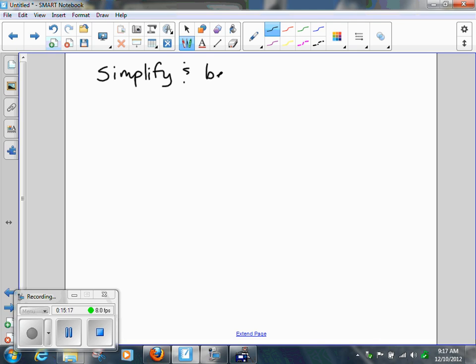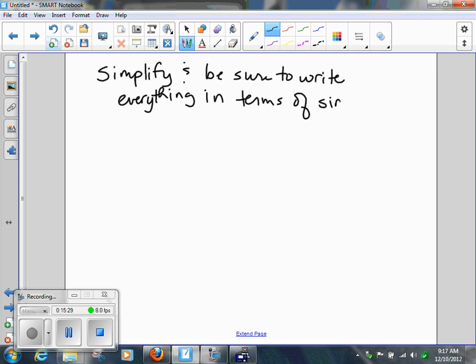Simplify and be sure to write everything in terms of sine and cosine. We have to write everything in terms of sine and cosine.